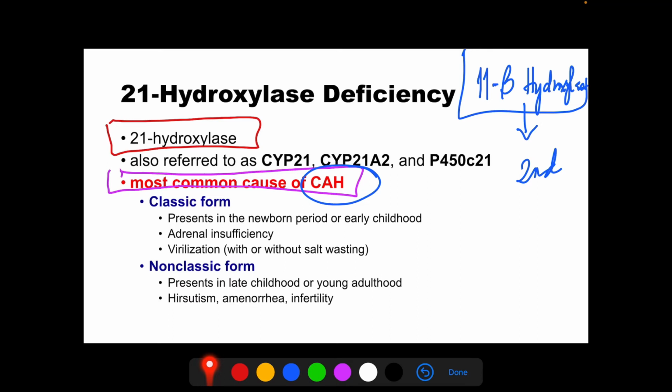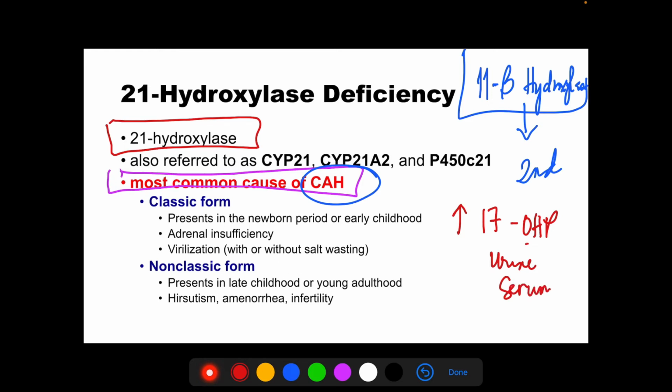leads to elevated or increased levels of the steroid precursor 17-hydroxyprogesterone. Okay, so that's in urine. So you can see elevated or increased 17-hydroxyprogesterone in urine, and also that is increased in serum.